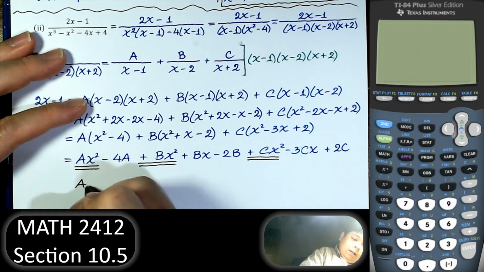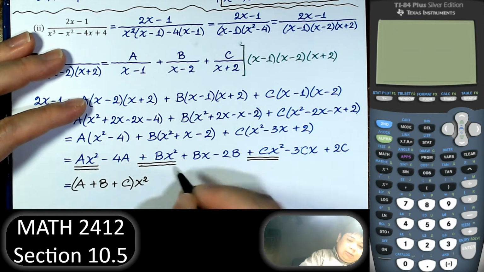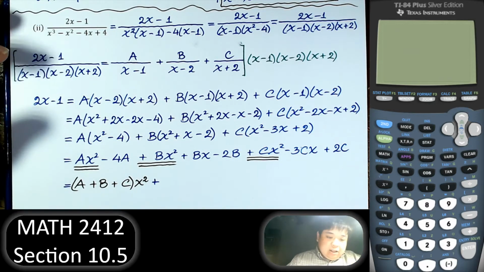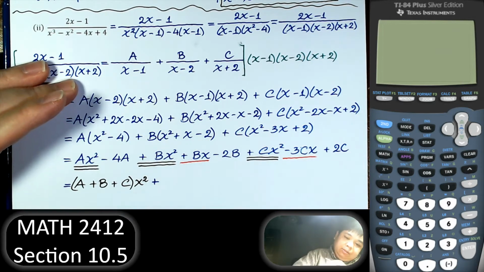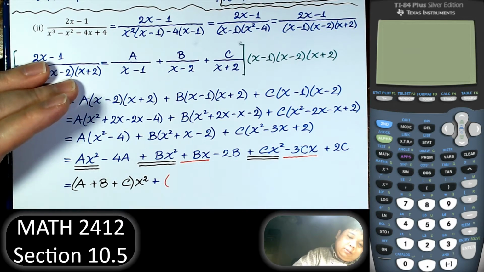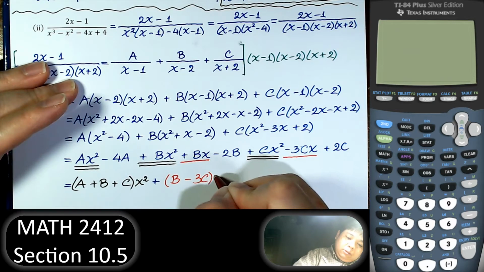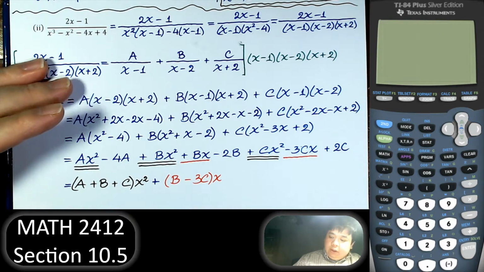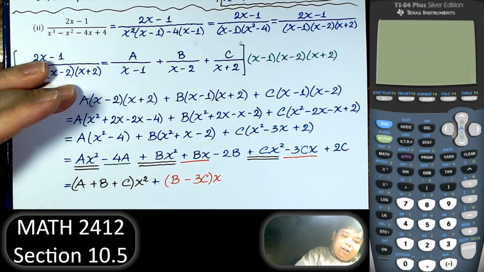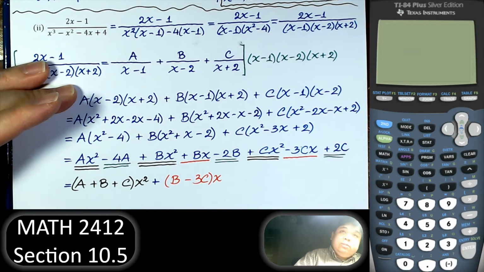So a plus b plus c times x squared, and then x: b x minus 3c x, and then we just have negative 4a, negative 2b, and 2c.